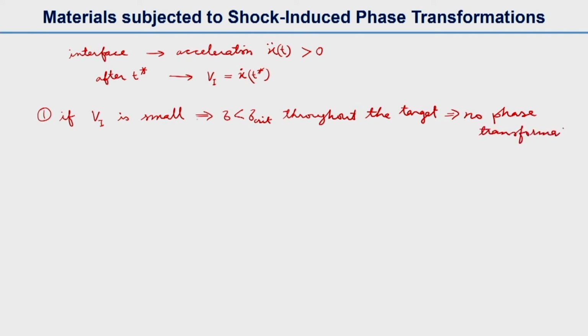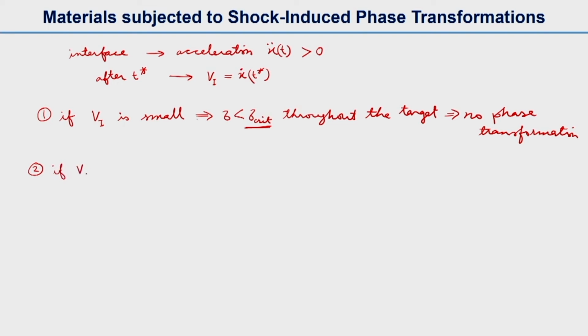So, what does this critical mean? If the stress is below the critical limit, then there is no phase transformation, and that is true for Vi less than some value, that is V critical, you can see.